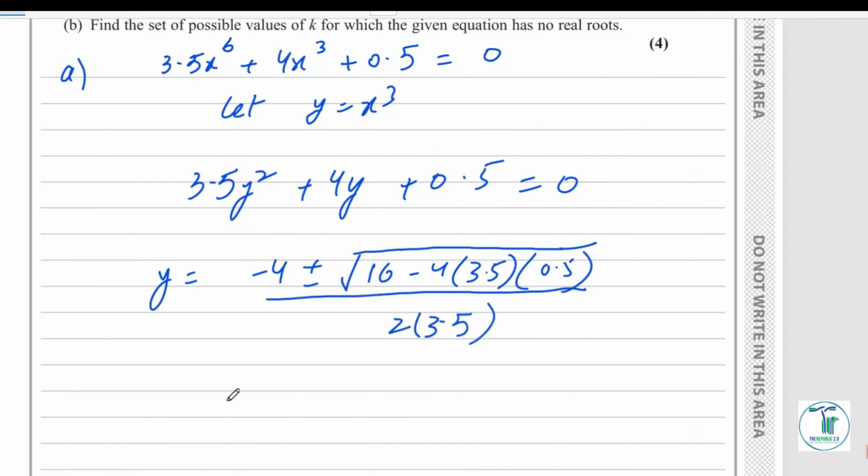Simplifying this down, I must be having y is equal to negative 4 plus minus the root of 16 minus, 4 times 0.5 has to be 2, and 2 times 3.5 has to be 7, so 16 minus 7, divided by 2 times 3.5, which has to be 7 as well.